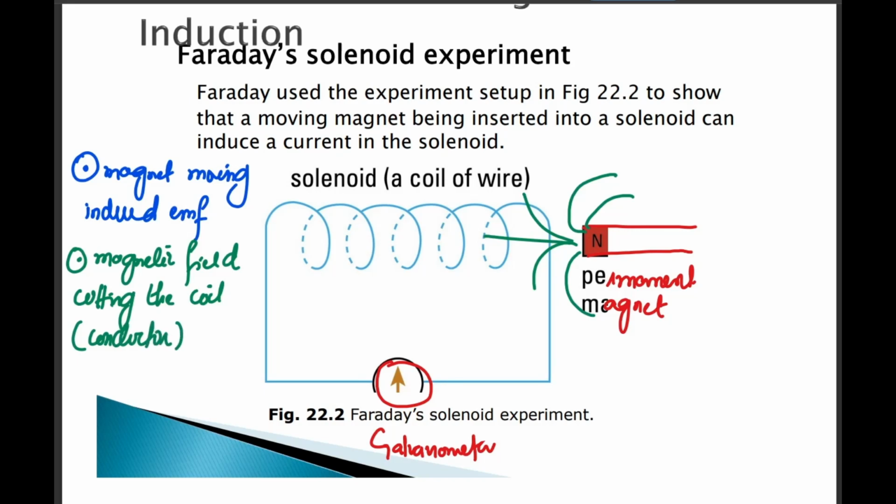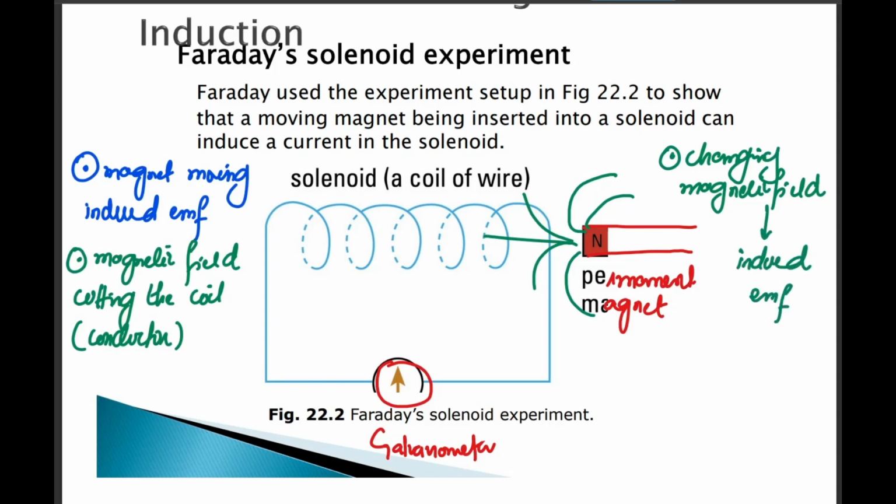This cutting of magnetic field, or this exposure to changing magnetic field, leads to induced EMF. Or what you could have written down is that a changing magnetic field is producing an induced EMF. So all of this leads to the idea of induced EMF.